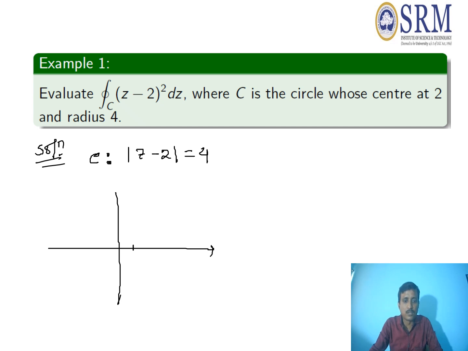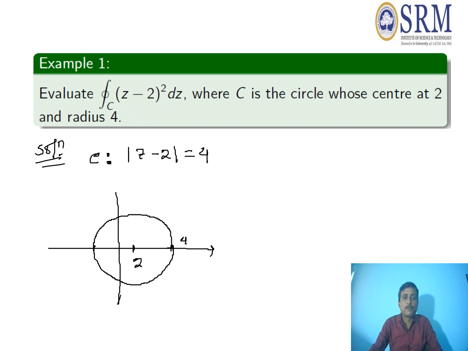Suppose this is 2, and it goes up to 4. So up to here you will draw a circle, with center at 2 and radius 4.